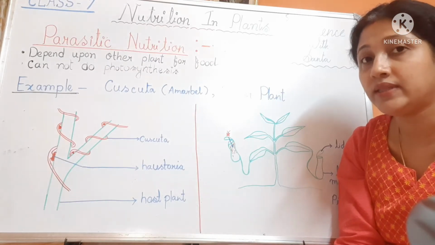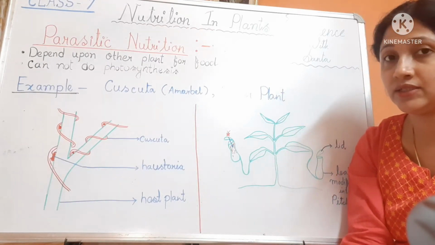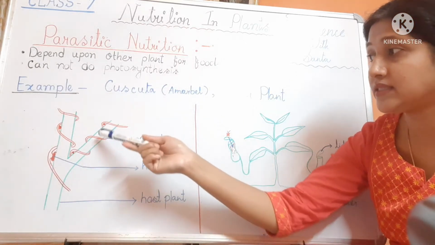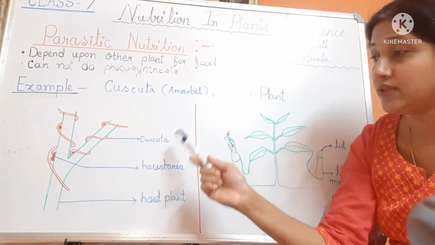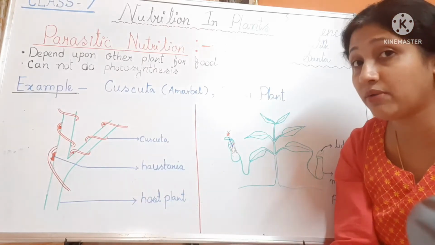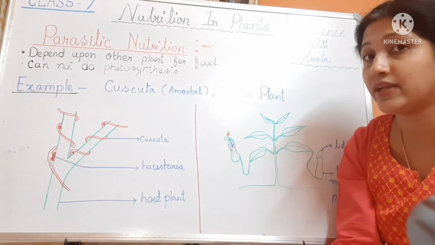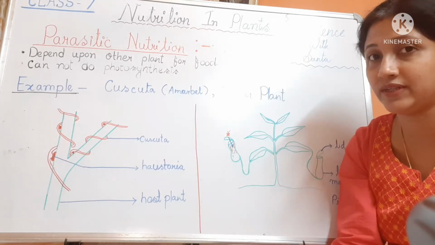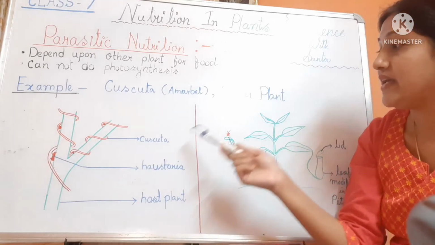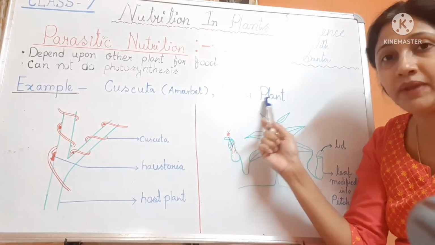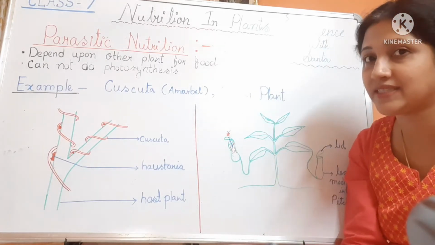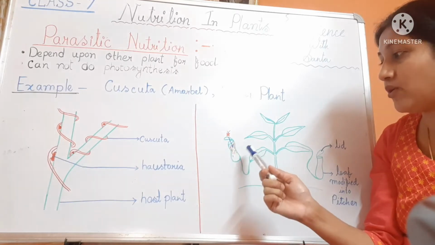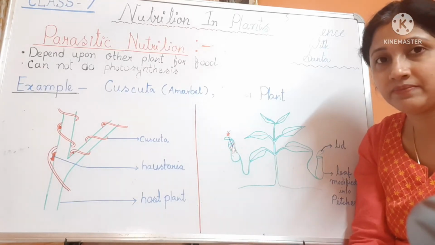Now, there are some other plants. Why is the Cuscuta taking nutrition from the plant? Because it cannot do photosynthesis. It does not have chlorophyll. Okay. Now, next is the pitcher plant. As its name suggests, it has pitcher-like structures.